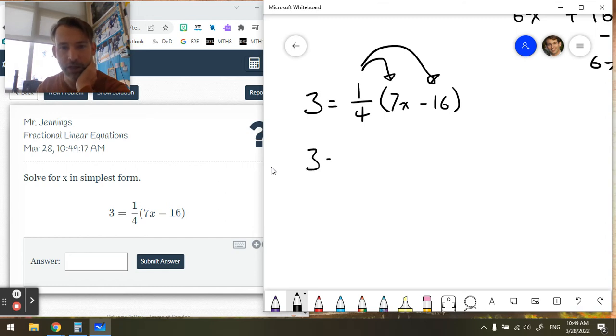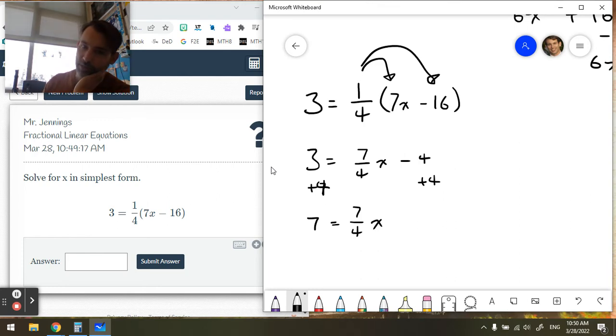So then I get 3 is equal to 7 over 4x minus 1/4 times negative 16, which is negative 4. I put negative 16 over 4 and then reduce it to negative 4. Now I add 4 to both sides and then I get 7. Oops, let's add 4, Mr. Jennings, not add 7. 7 is equal to 7 over 4 times x.